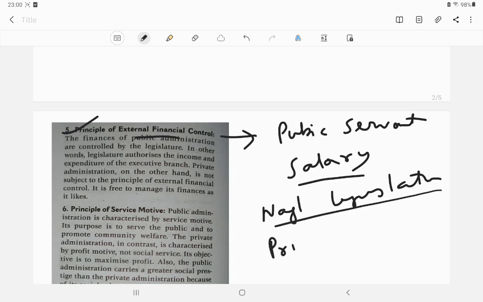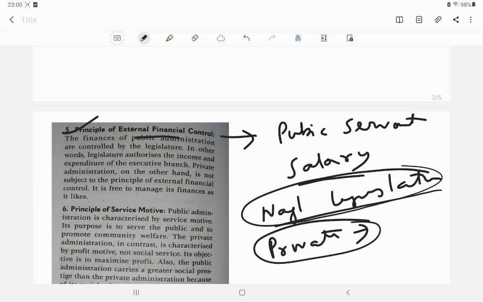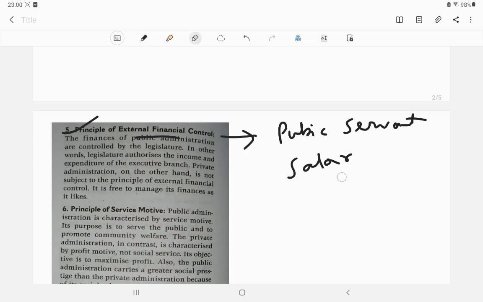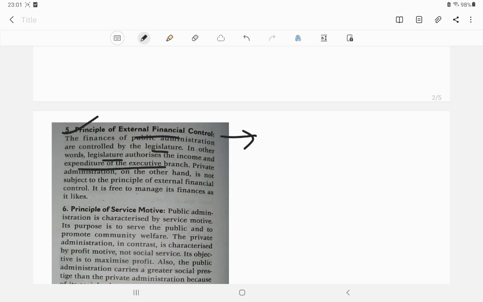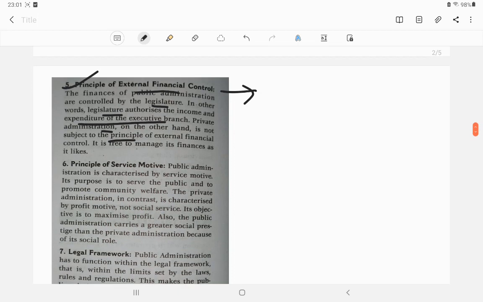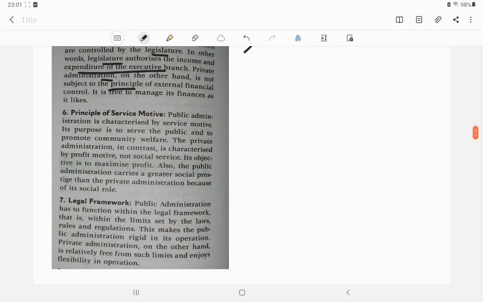In private administration, the money is not from the legislature but from the private organization. To write the answer, you can write this as: the finances of public administration are controlled by the legislature. In other words, the legislature authorizes the income and expenditure of the executive branch, that is the public administration. Private administration is free to decide how much to pay as salary.